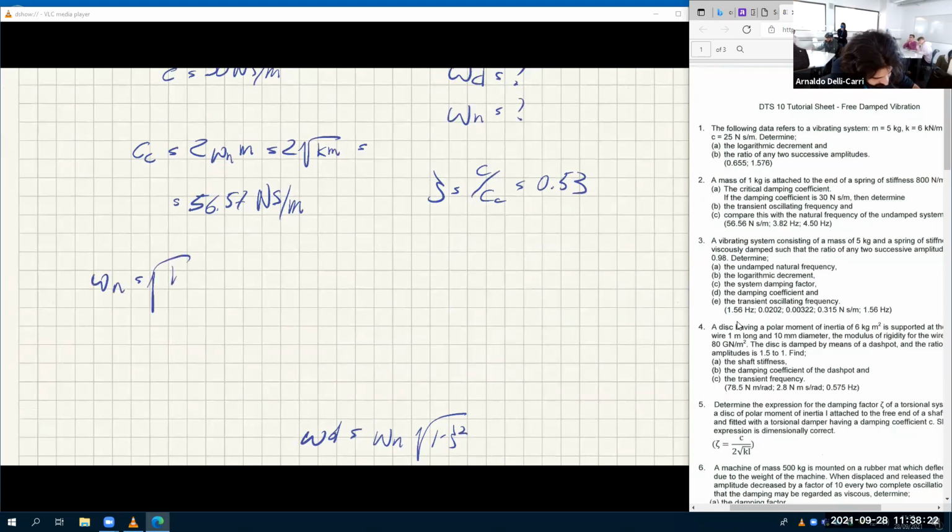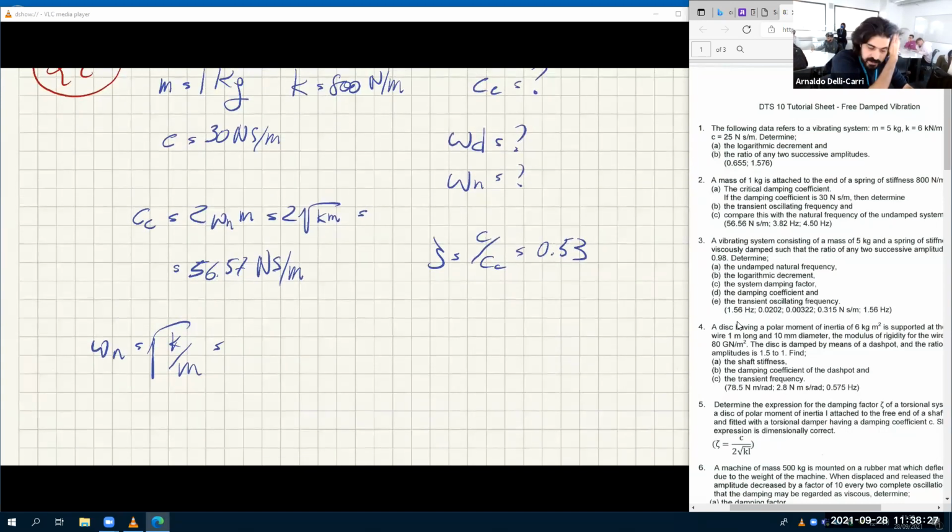Omega n is the square root of k over m, which is the square root of 800, which is half as much of this. So 800 under square root, 28.28 radians per second.